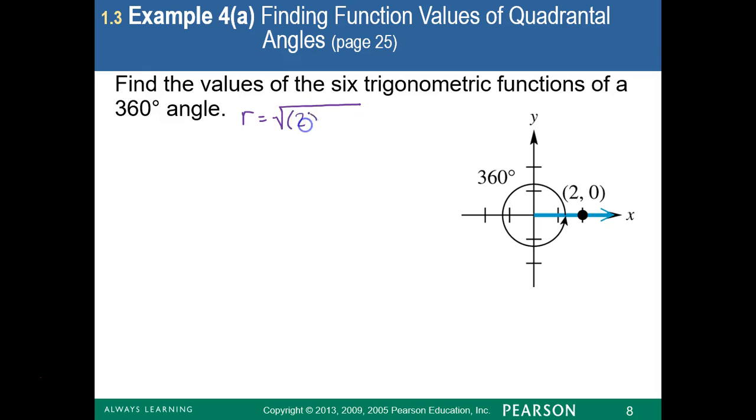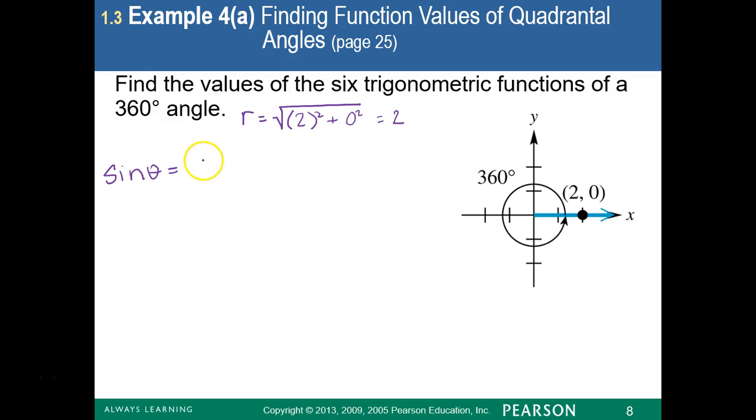We have 2 squared plus 0 squared. Well, that's just 4, so back at 2. Just remember, r for a quadrantal angle: just take the other number that's not 0 and make it positive. That's your r value.